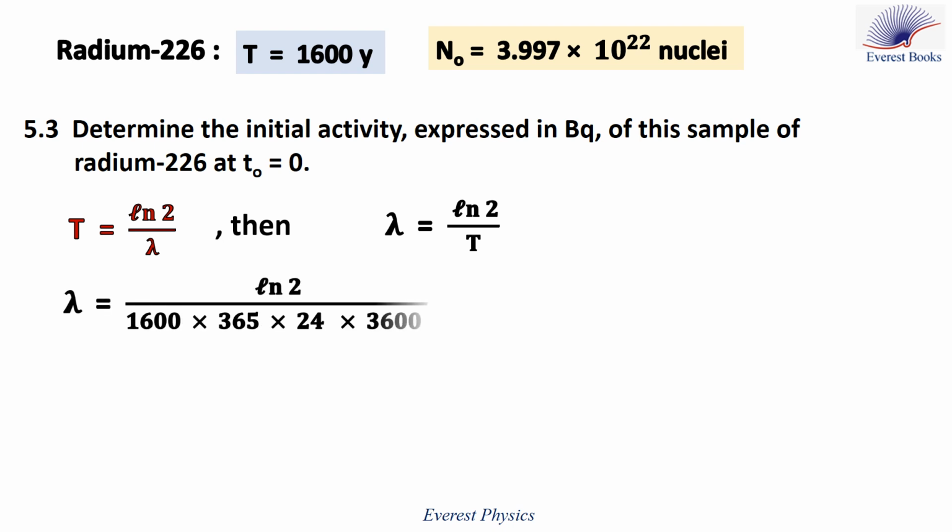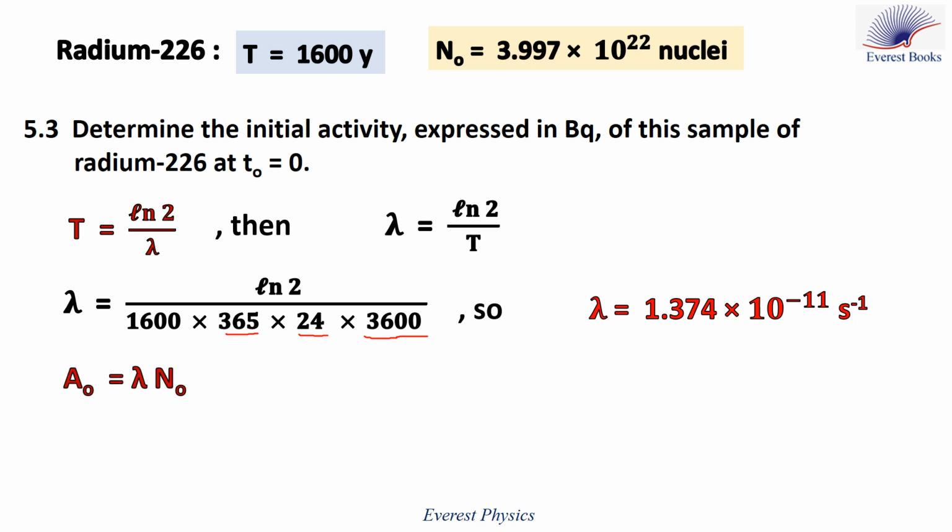Then 1600 is multiplied by 365 to convert into days, by 24 to convert into hours, and by 3600 to convert into seconds. Then we obtain the value of lambda in per second.